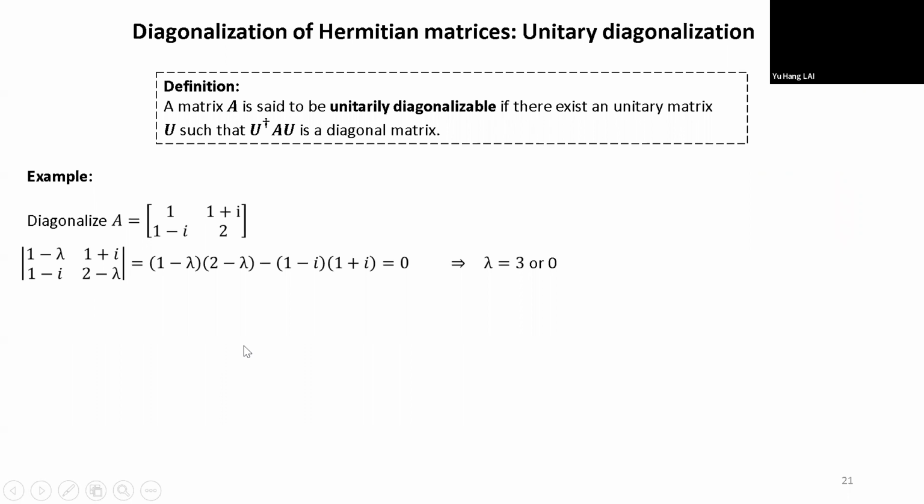Finally, let's talk about diagonalization of a Hermitian matrix. Last time when we talked about the diagonalization of the symmetric matrix, we had the so-called orthogonal diagonalization. A is the symmetric matrix that I have, and if I am going to do orthogonal diagonalization, it's written like this.